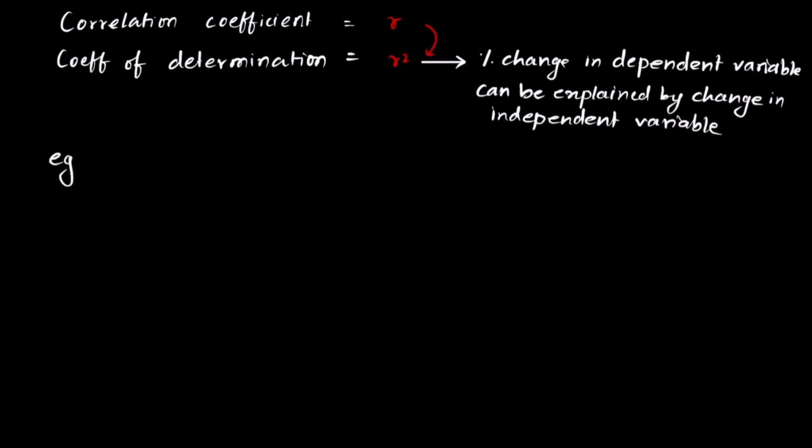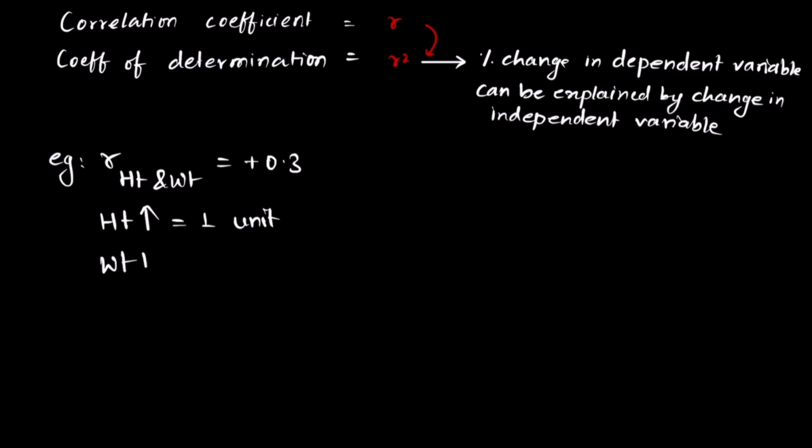For example, let's say the coefficient of correlation between height and weight of a person is equal to positive 0.3. This means that when the height of the person increases by 1 unit, the weight of the person increases by 0.3 units. What is the coefficient of determination?